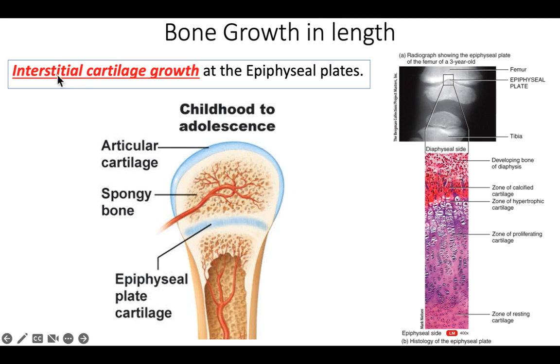This process is called interstitial cartilage growth, or just interstitial growth. The word interstitial means in between. So we're growing in between the epiphysis and the diaphysis. And as long as there's cartilage there, this bone can still grow in length. Once this completely converts over to bone, no more growing in length.